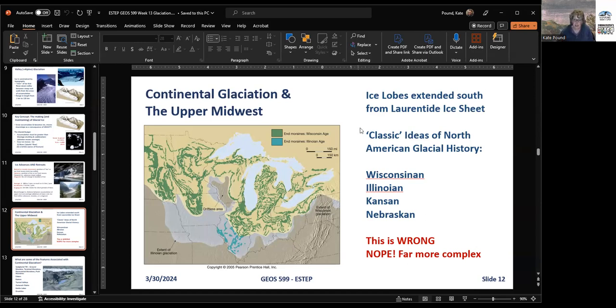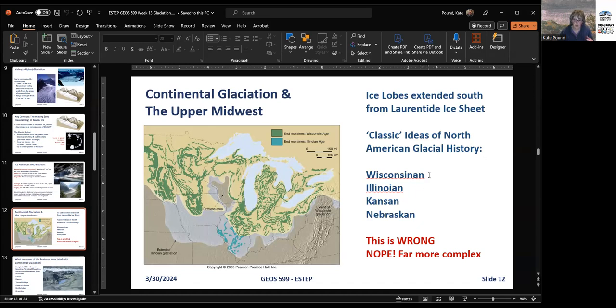Now, first thing I want to do is dispel some of the classic ideas of North American geologic or glacial history. In most of the texts that you will look at, you will see that there have been 4 glacial periods identified within the Pleistocene.